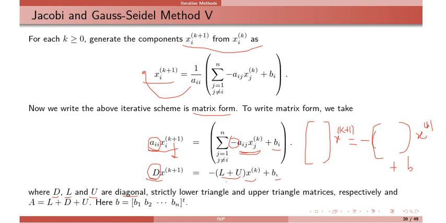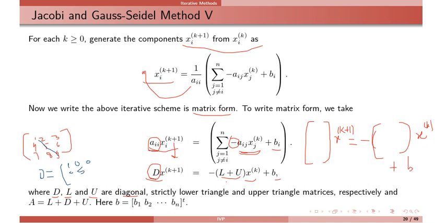So I'll take a quick example. Let us take this 3 by 3 matrix: 1, 2, 3, 4, 5, 6, 7, 8, 9. So what is D? D is the diagonal matrix. On the diagonal you have 1, 5 and 9, and the other entries are 0.